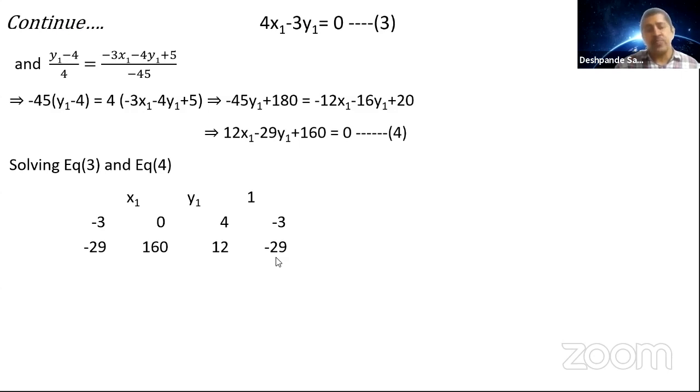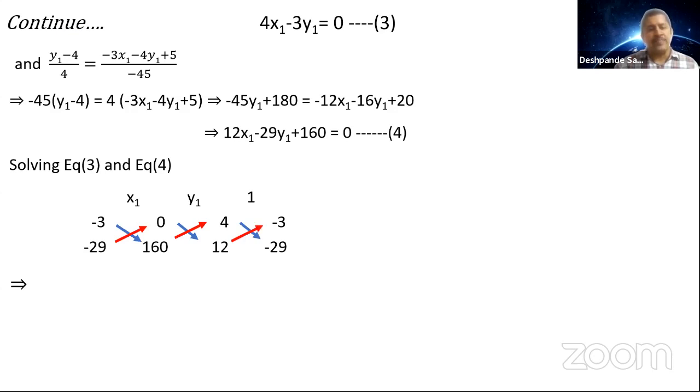What is the next step you do? So cross multiplication technique. So multiply minus 3 and 160, multiply minus 29 and 0 with a negative sign, multiply 0 and 12, multiply 160 and 4 with negative sign, then multiply 4 and minus 29, multiply 12 and minus 3 with a negative sign.